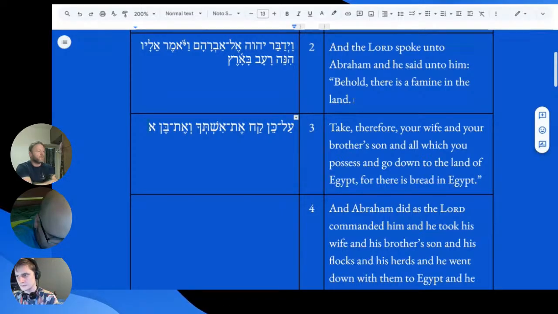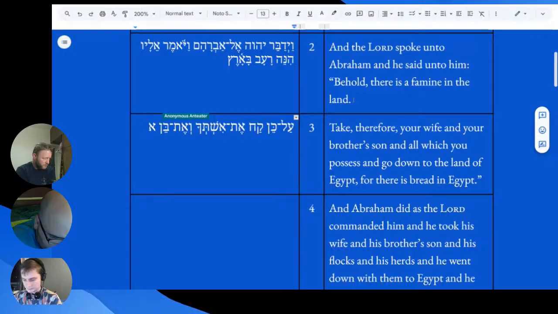It is construct, yes, but in this situation it would still have an accent of its own, a tone accent. Okay, interesting. על כן, קח את אשתך.